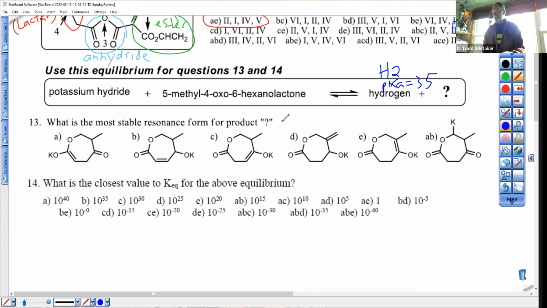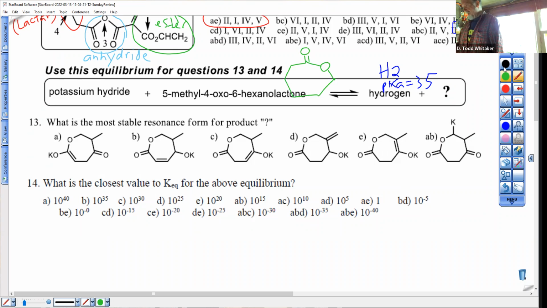So hexanolactone attached to position 6. So here is position 1, carbonyl. Here's position 2, 3, 4, 5, 6 is attached to an O right there.